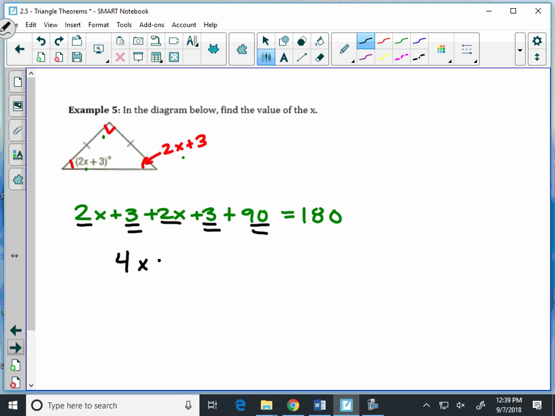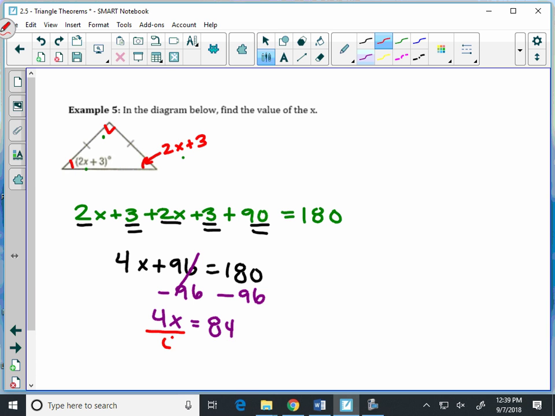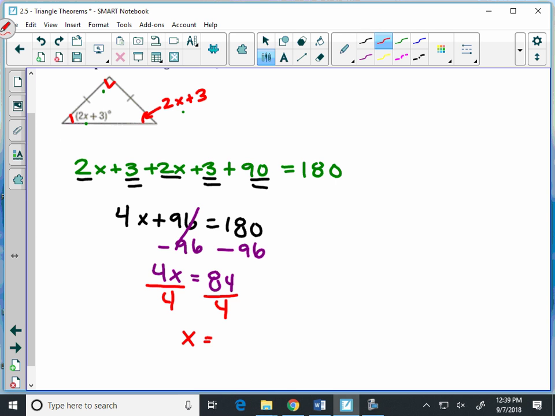We get 4x plus 96. And then solve it like a normal equation. Move that 96 over. 180 minus 96 is what? 84. Divide by 4. X ends up equaling what?